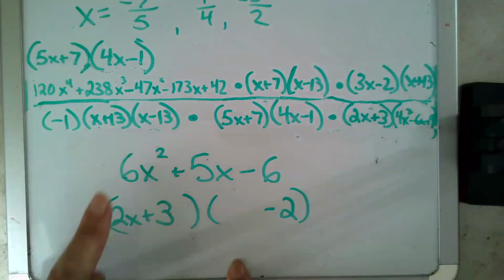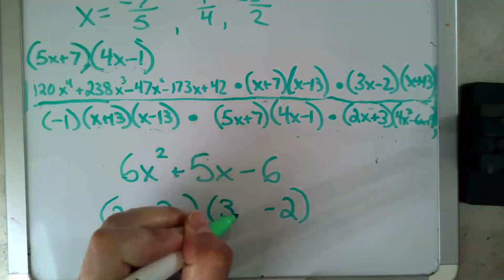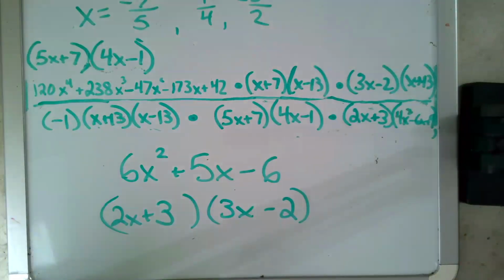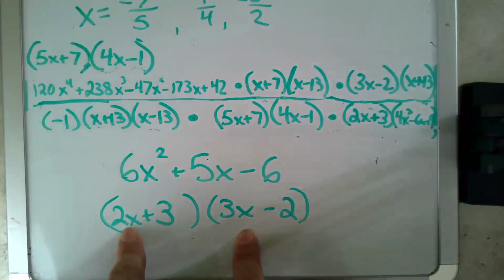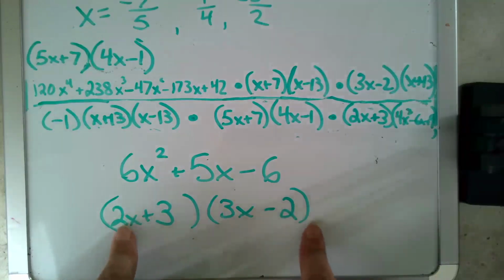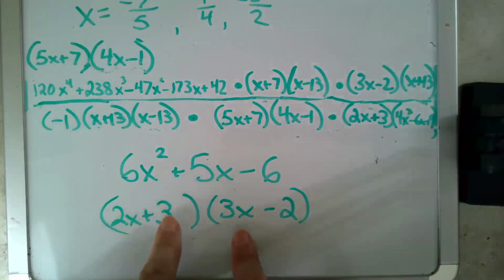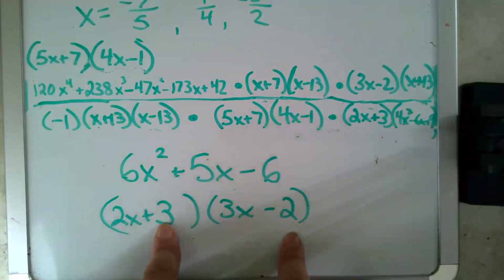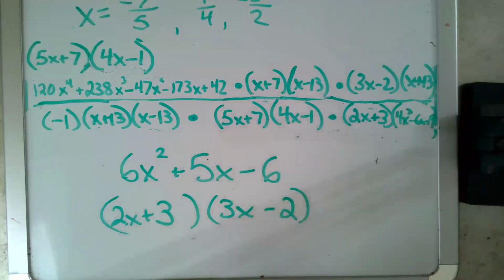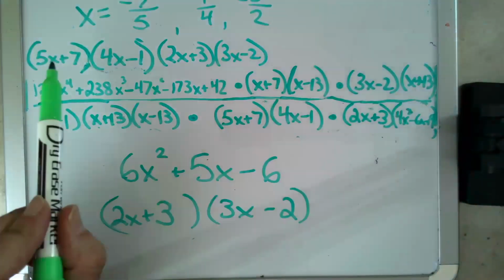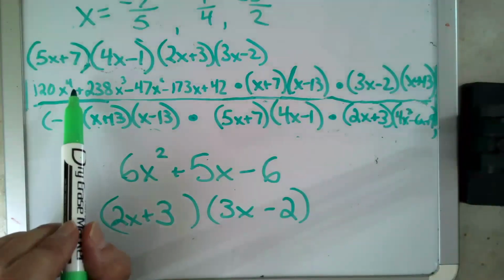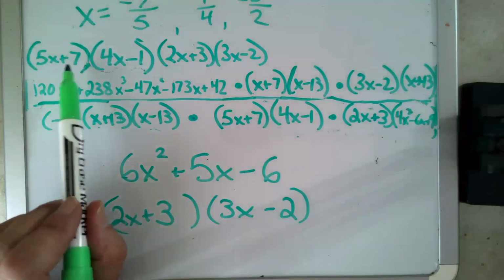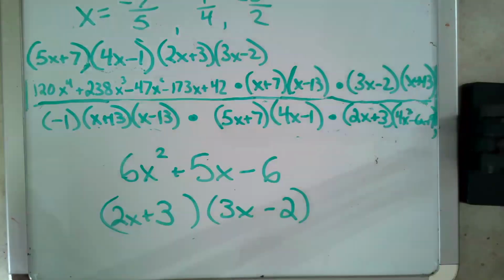Up front, if I have a 2x there, I would probably want a 3x minus 2 here. 6x squared minus 4x plus 9x, 9x minus 4x, yep, that's my 5x. And then 3 times negative 2, negative 6. So those are my last factors. So I had a 4-degree polynomial, 1, 2, 3, 4, perfect.